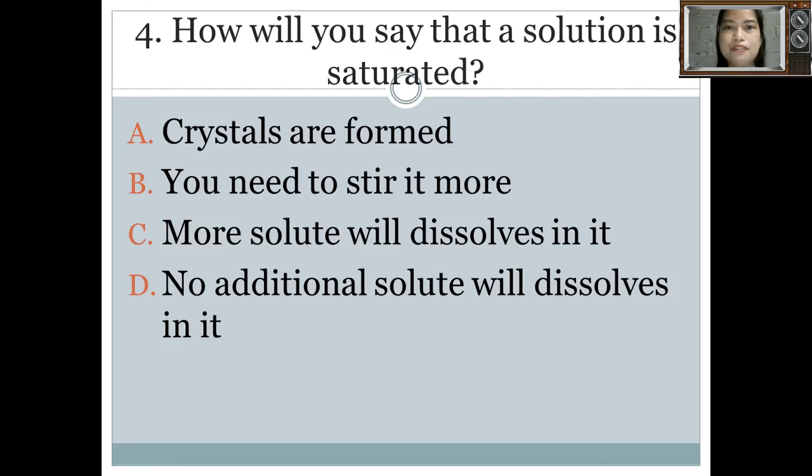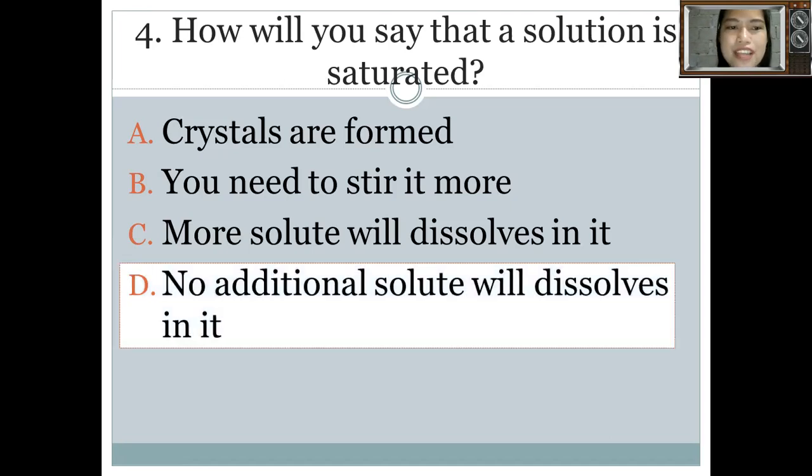In 5, 4, 3, 2, 1, what is your answer? If your answer is letter D, you got it right. No additional solute will dissolve in it.